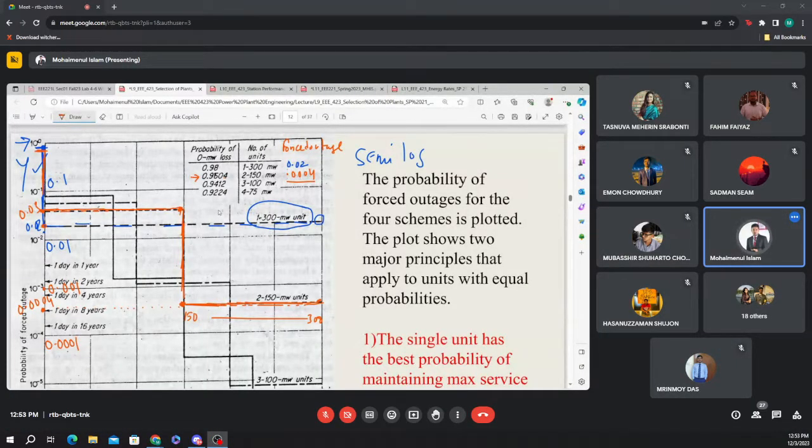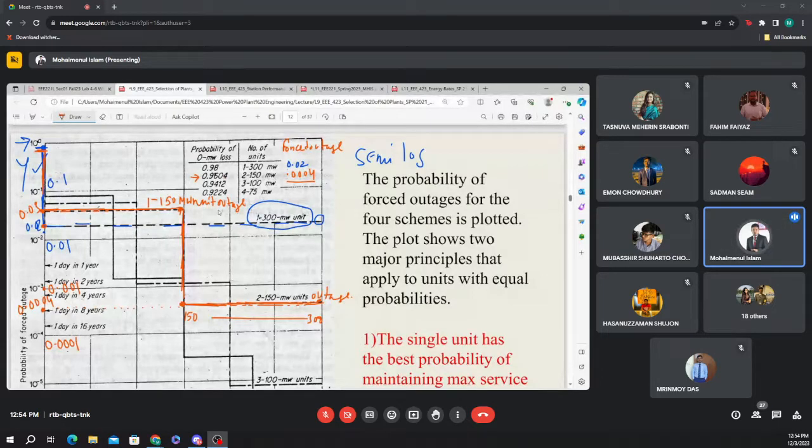Okay, so for two units you are getting two outage probabilities, one for a 150 megawatt unit down and another for two 150 megawatt units down. So we can write it like that: 150 megawatt unit outage, and here two 150 megawatt unit outage. So this is the complete graph for two 150 megawatt units.